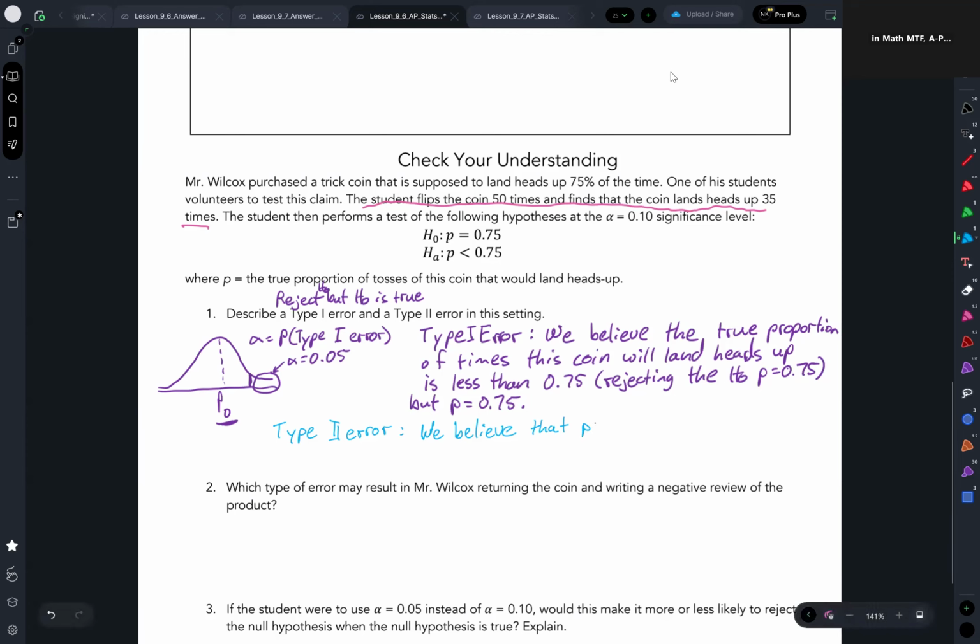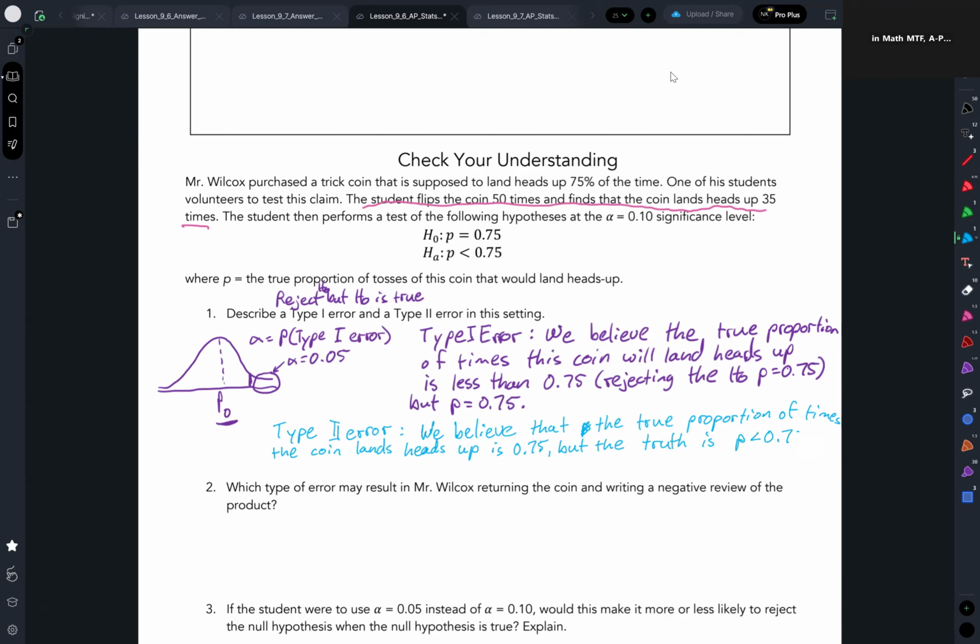Notice I really just needs to have context once. Why are you not erasing? That the true proportion of times the coin lands heads up is 0.75, but the truth is P is less than 0.75, right?